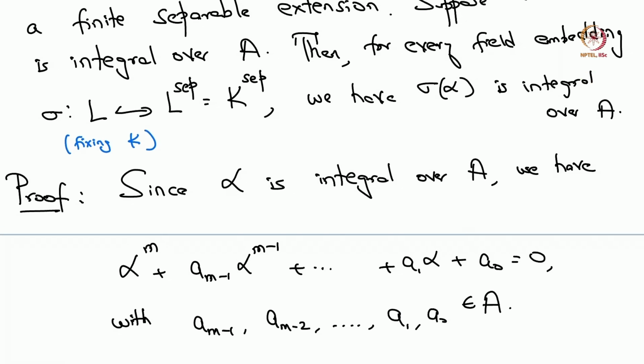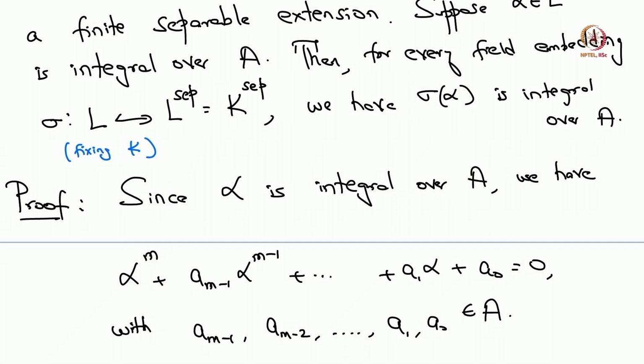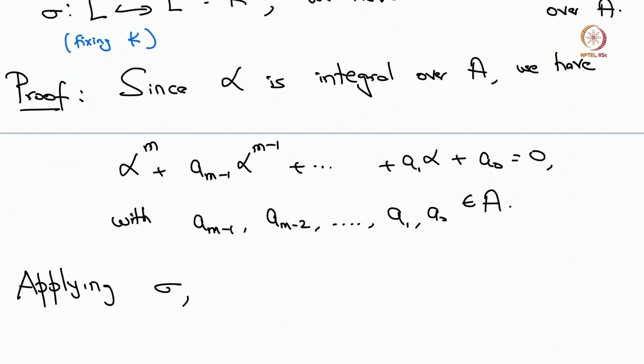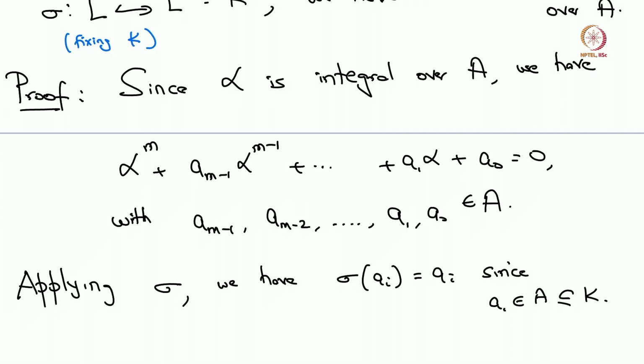Sorry, I forgot the hypothesis that the field embedding should fix K. Since the field embedding fixes K, we have that sigma of a_i equals a_i, since all these coefficients a_i belong to A, which in fact sits inside K.